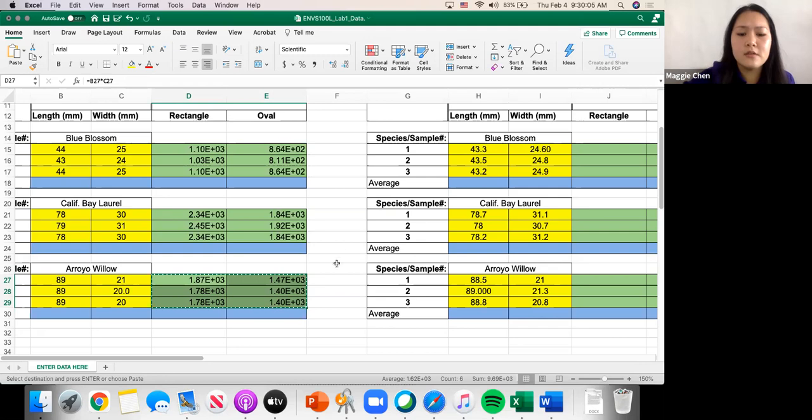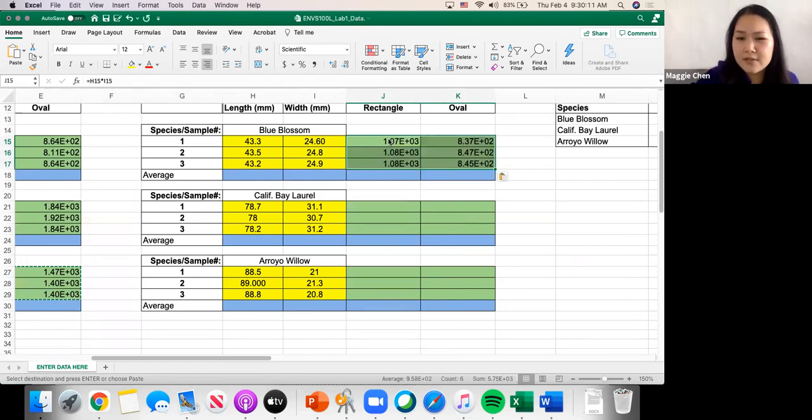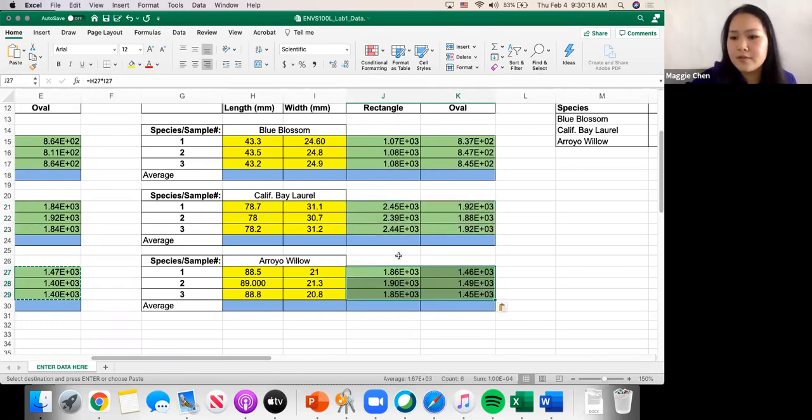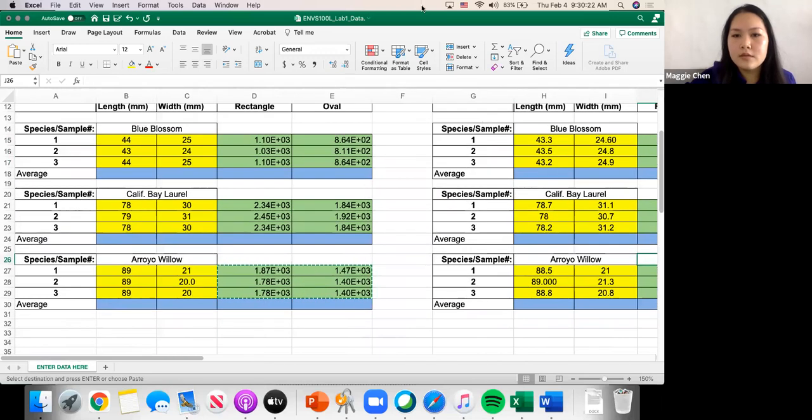So Command C, and then going to the cells that don't have any formulas in them, and Command V, or paste them in. And you can just Command V and just continue pasting in these formulas. Yeah. Did that help? Did anybody else have any questions before I move on? Okay, yeah, no problem.